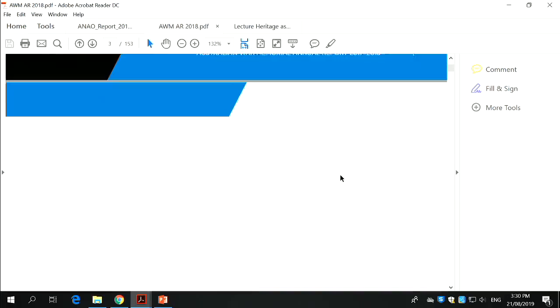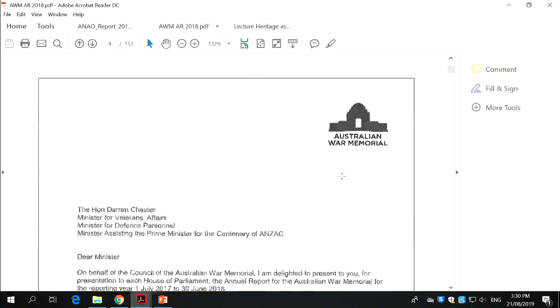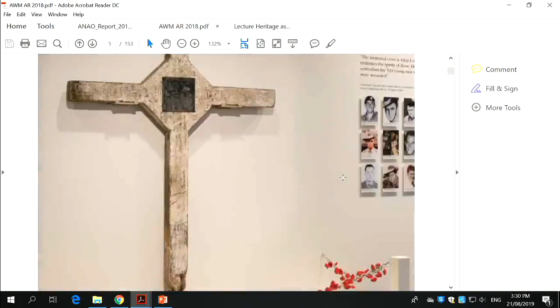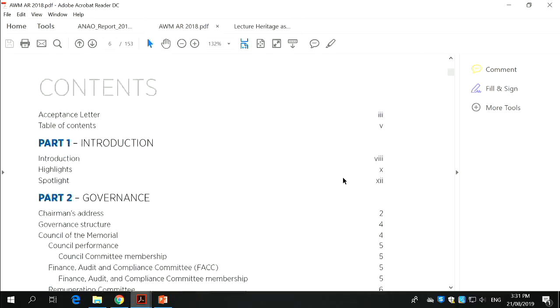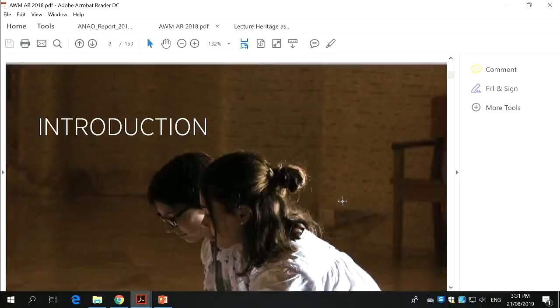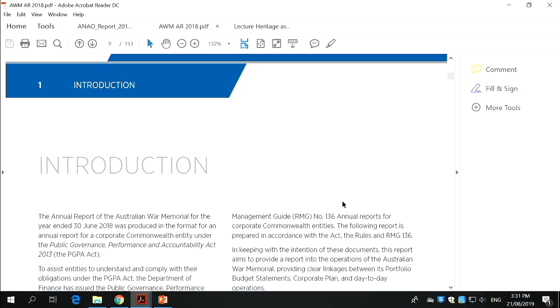They're fascinating. If you haven't been there, you can go and have a look at the items in the War Memorial. I wanted to show you some pictures, but anyway, let's go to the financial statement maybe.